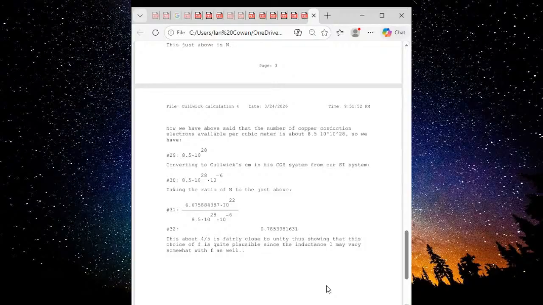So we seem to be able to repair this part of Kullwick's argument, where he went off the rails and had to use Fermi-Dirac statistics, which are suspicious, because if my theory, the Neo-Newtonian theory, is right, then those statistics have to be recalculated.